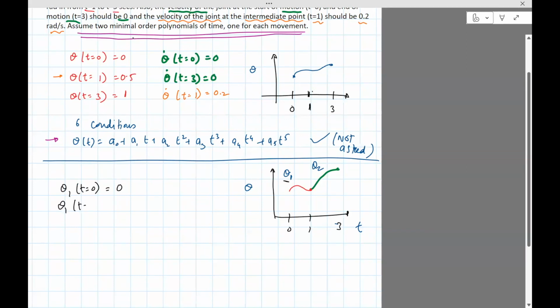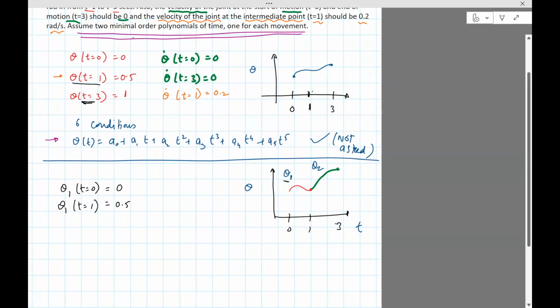Theta 1 at t equals 1, going by this, should be 0.5. Now this one is not valid for theta 1 because theta 1 technically goes only from 0 to 1. So I'm not going to put anything beyond t equals 1 for theta 1. So this is 0.5.